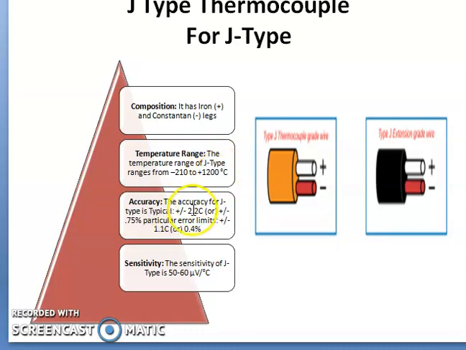The accuracy is plus or minus 2.2 degrees Celsius or 0.75 percent, and the special error limit is 1.1 degrees Celsius or 0.4 percent. And the sensitivity of the J-type thermocouple is 50 to 60 microvolts per degree Celsius.